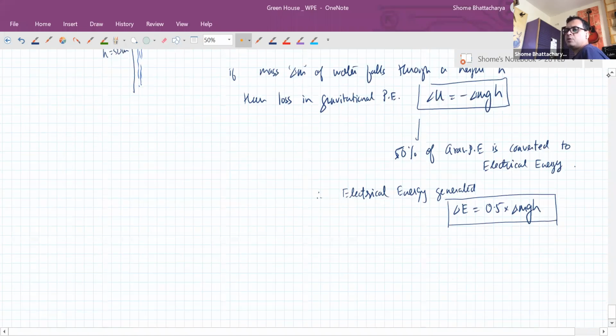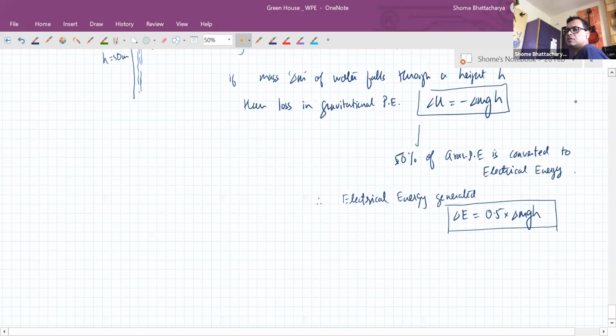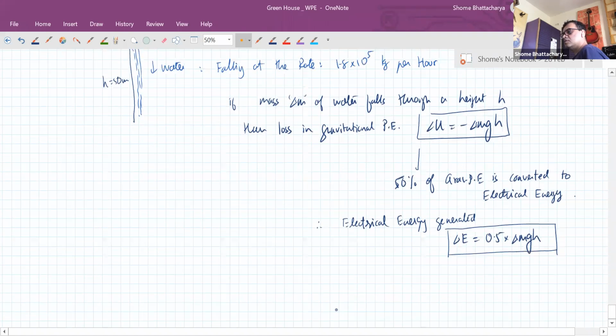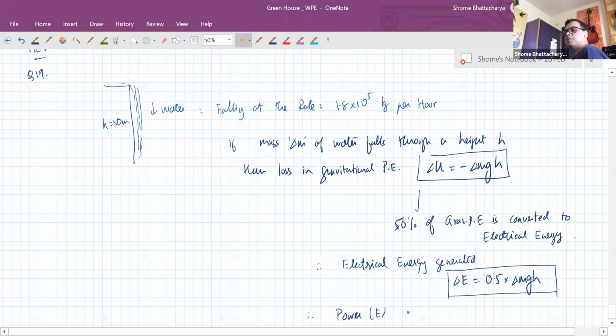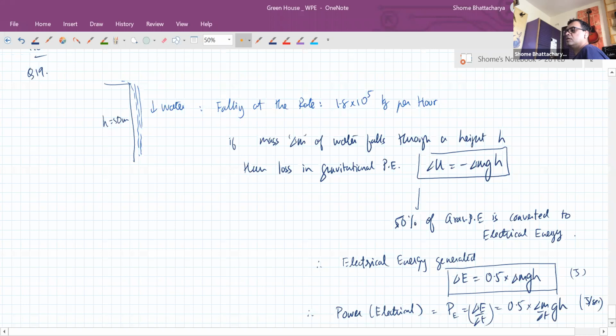So now the electrical power output, that is the rate at which electrical energy is being generated, will be 0.5 times this. As you can see, this is in joules, so now this is in joules per second. You just have to substitute this value.